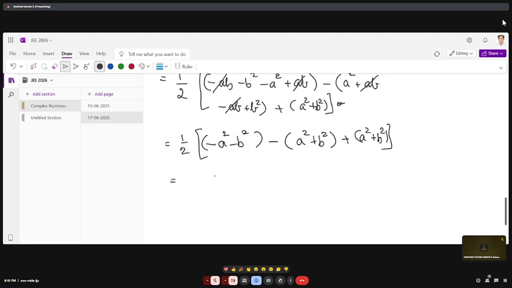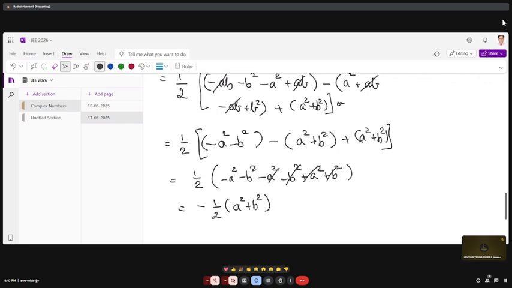So if you simplify, you get minus half into minus a square minus b square, again minus a square minus b square plus a square plus b square. So one set will get cancelled. So what you get is minus half into a square plus b square.